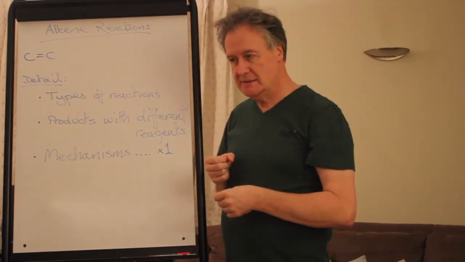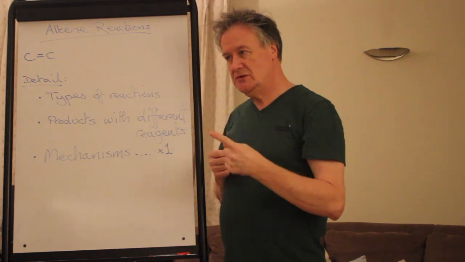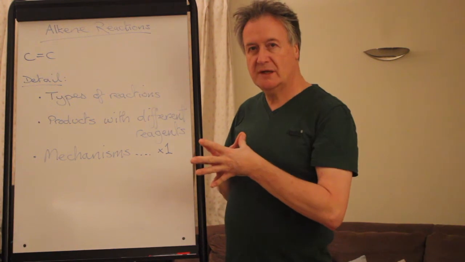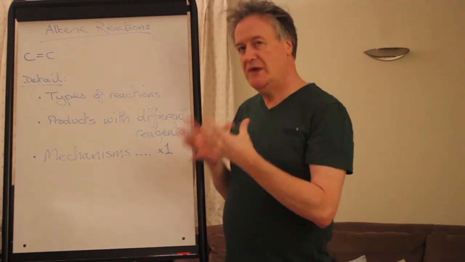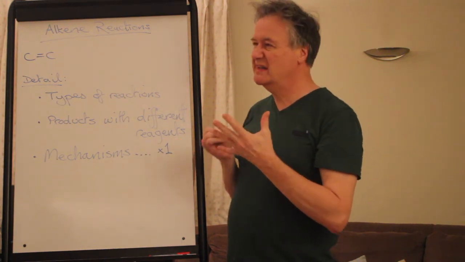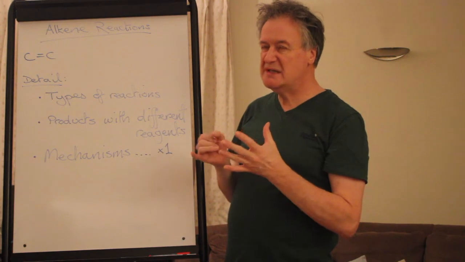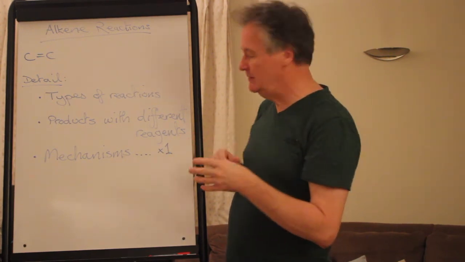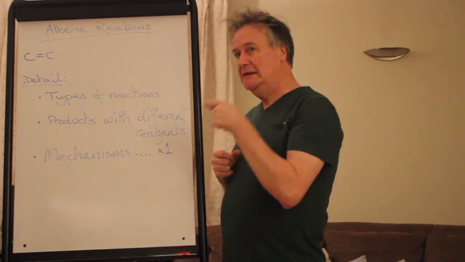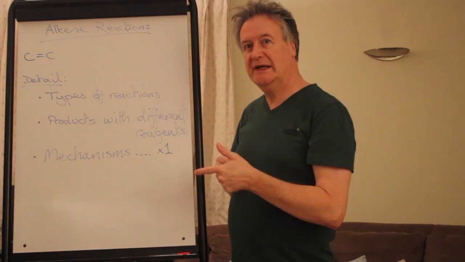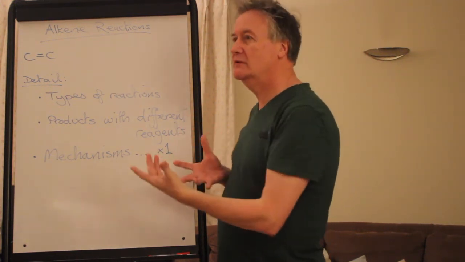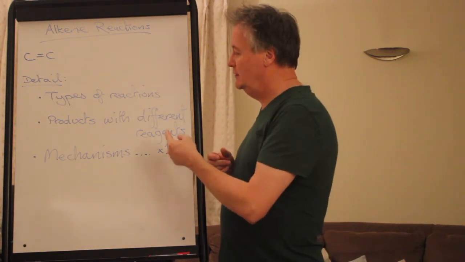The last thing is mechanisms. Now if you watched and have understood and done the practice with the free radical mechanism, the photochemical substitution of alkanes, that's a mechanism. There aren't that many mechanisms in A-level chemistry. I kind of think of it as six. It depends on how you interpret what some of the mechanisms are, but it's about six basic ones. There's only one mechanism you need to fully understand, and what it means in terms of how the product is generated for alkenes.